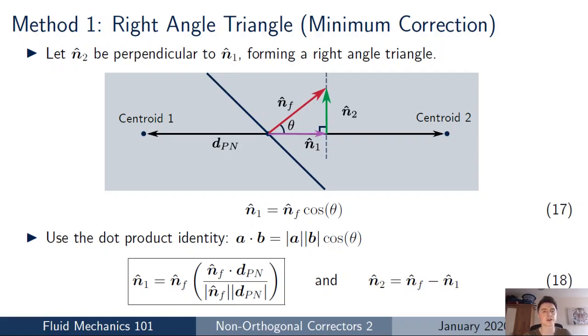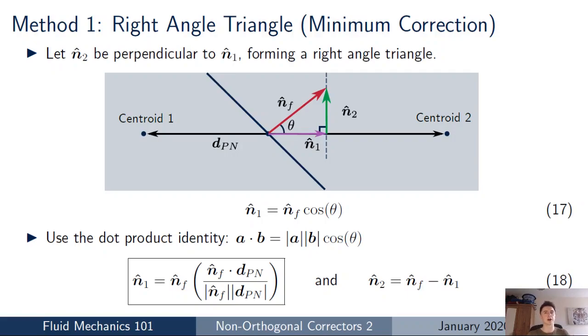So starting with equation 17, and using the dot product identity to remove cosine theta, we arrive at the expression you can see in the box in equation 18. So n1 is equal to the unit normal vector nf multiplied by that term in the brackets. And this will give us an equation for n1.